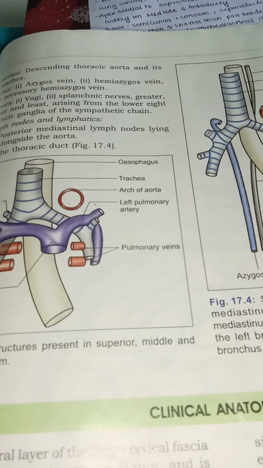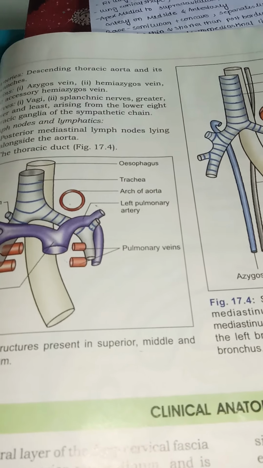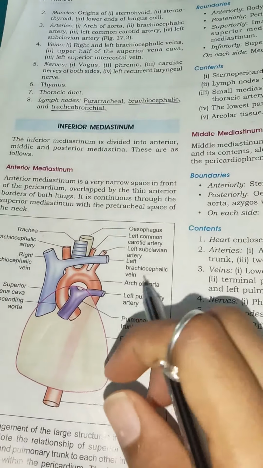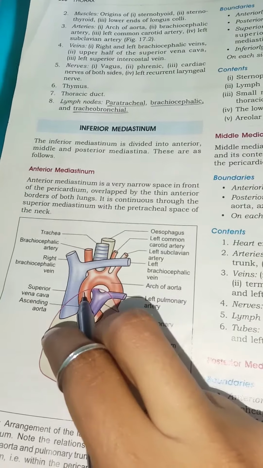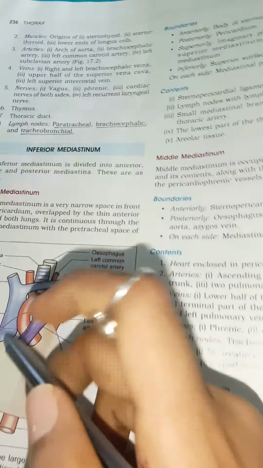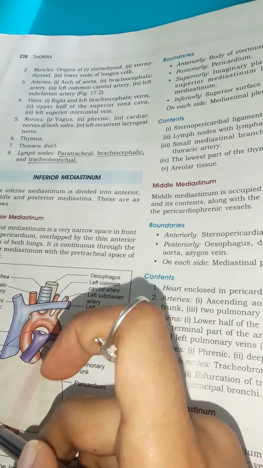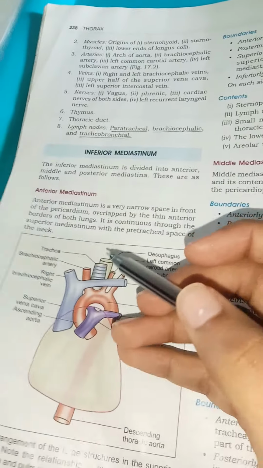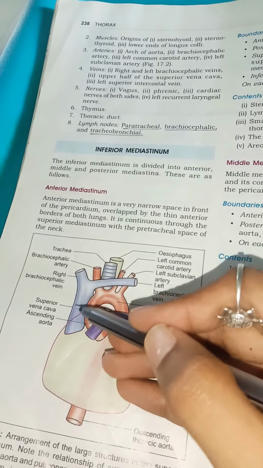Next coming to the right and left brachiocephalic veins. You can see this is the left brachiocephalic vein, this is the right brachiocephalic vein. These are the vessels present, and in the upper half you will have the superior vena cava.